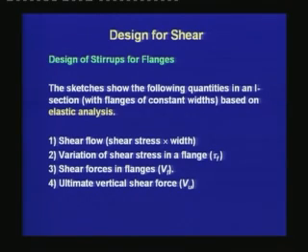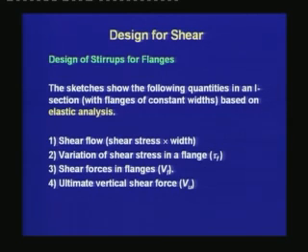The sketches below show the following quantities in an I section with flanges of constant widths based on elastic analysis. We shall see the shear flow diagram. Shear flow means it is the product of the shear stress times the width of the flange or the web.